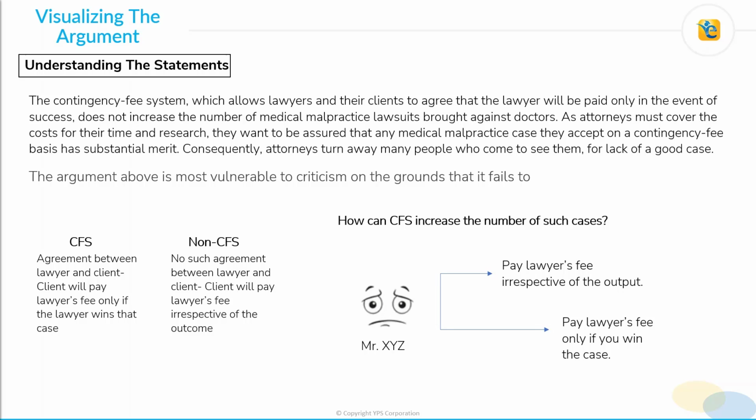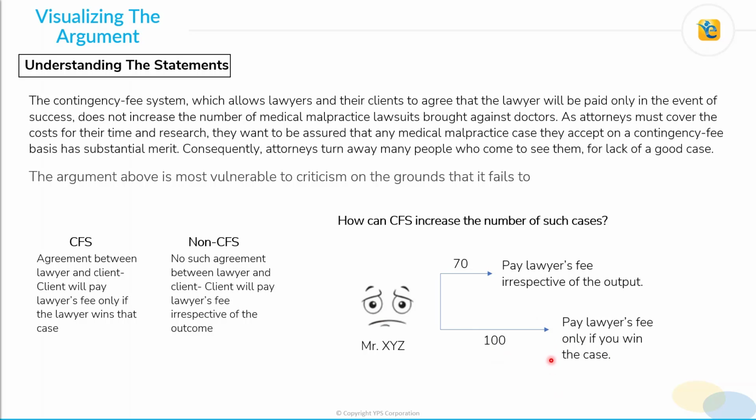So it is very natural that in the first case, if 70 people are willing to file the lawsuit and pay the lawyer's fees, then maybe 100 people will be willing to file the lawsuit here, because they don't have anything to lose. They will have to pay the fee only if they win the case, right? Otherwise they don't have to pay this fee, and so this number is expected to be higher if CFS is there.